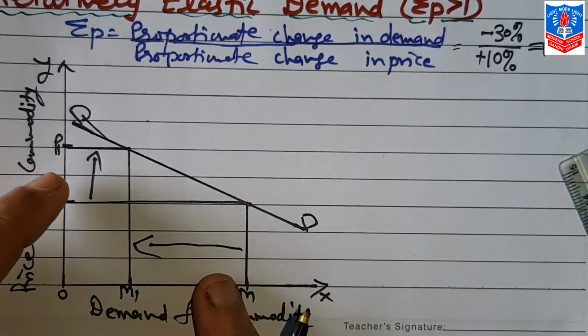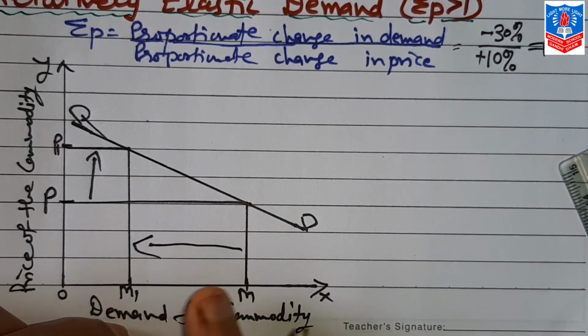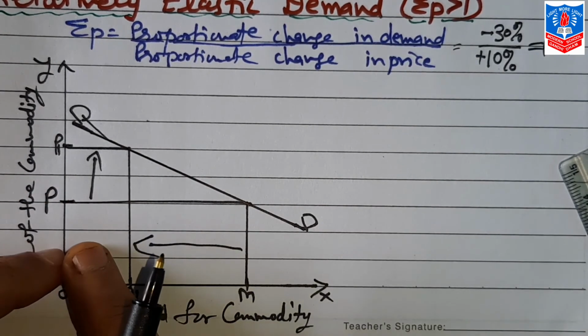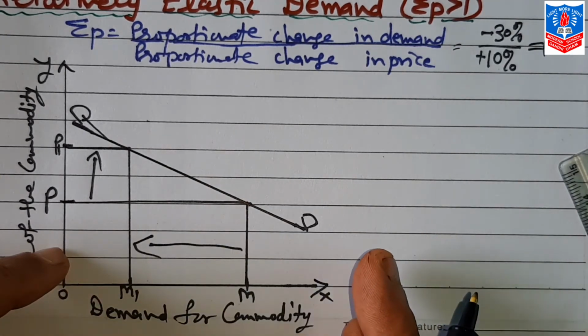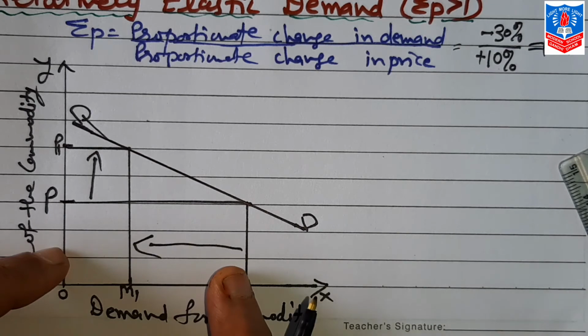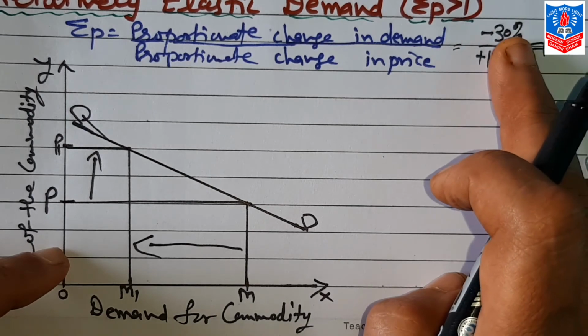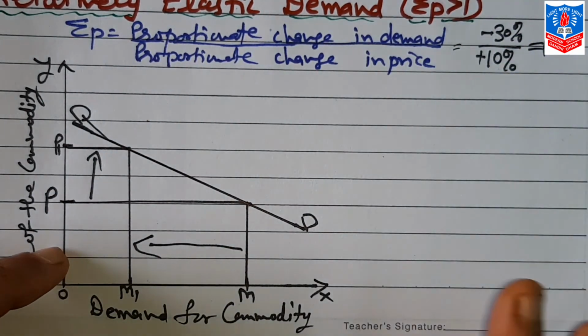Say here 10%, so this is 30%, 3 times more decrease in the demand. Opposite to this can also be there. What? That there is a decrease in the price and because of which demand increases. So that also can be there. What is important is that the change in demand should be more than the change in price. Then this is called relatively elastic demand.